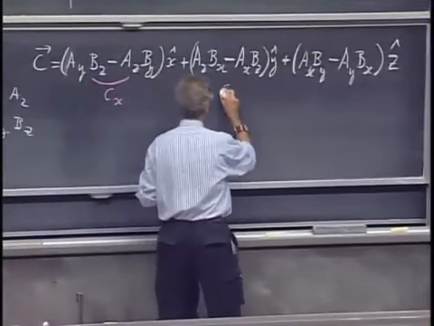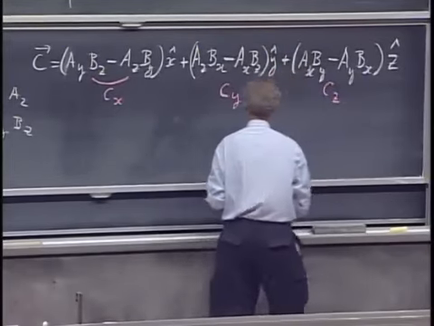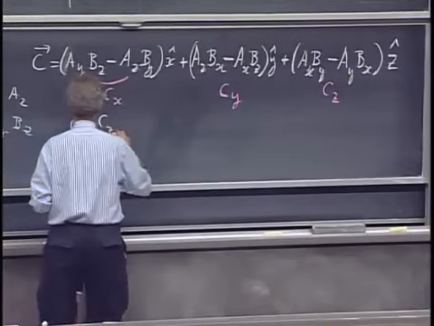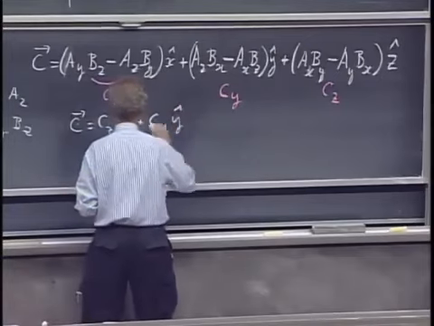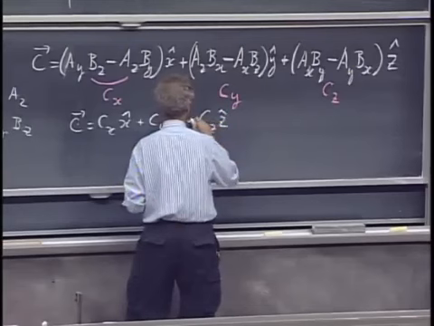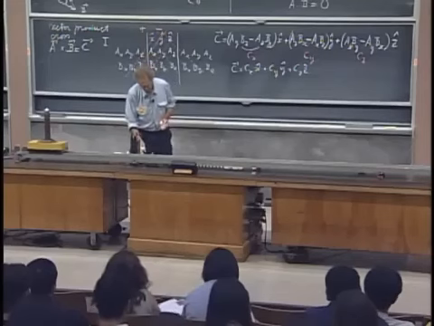And this we can call C of Y, and this we can call C of Z. So you can also write that vector C equals C of X, X roof, plus C of Y, Y roof, plus C of Z, Z roof. It's the cross product of A and B.